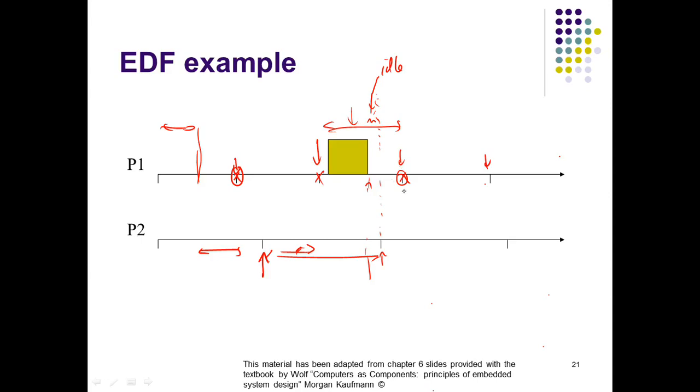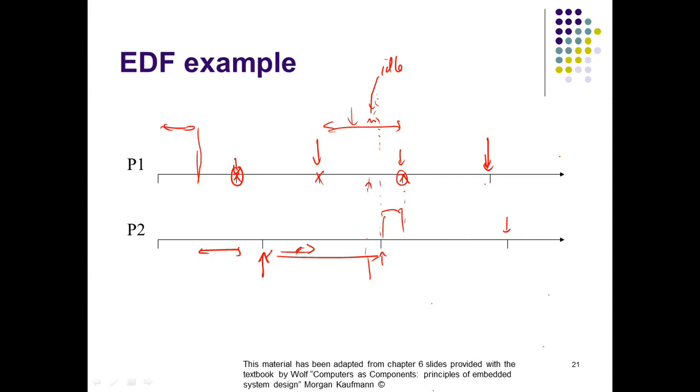So until this point in time, I want to run P2. Now what do I want to do? Now P1 is available and it's the earliest deadline. Therefore, P1 gets run, and now P2 is the next earliest deadline, and it can finish.